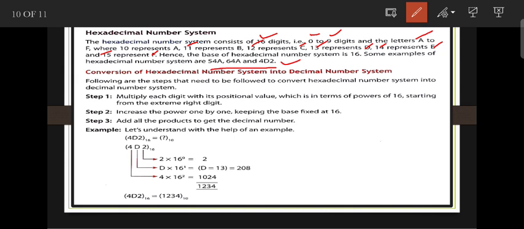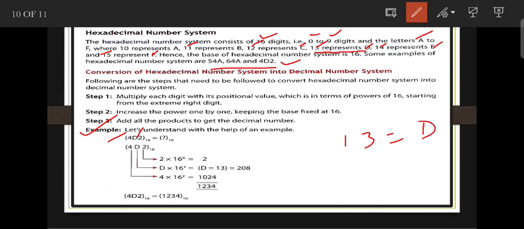Now, the conversion of the hexadecimal number system into the decimal number system. We all know that the most commonly used number system is the decimal number system. Here the example is 4D2. Here D means 13.